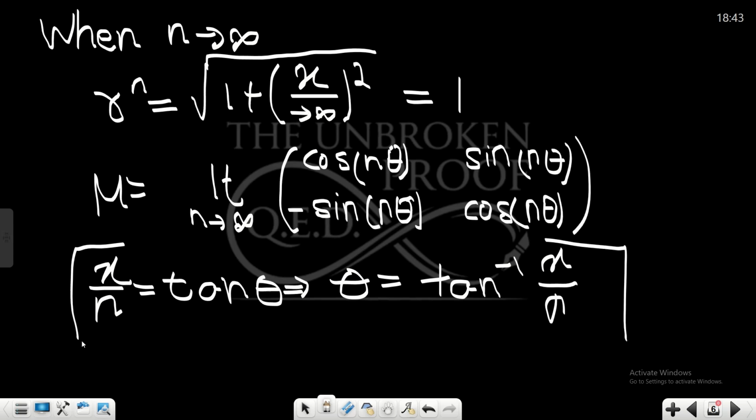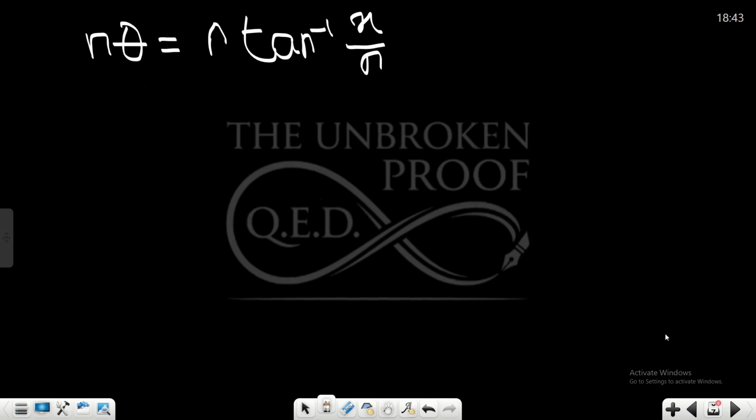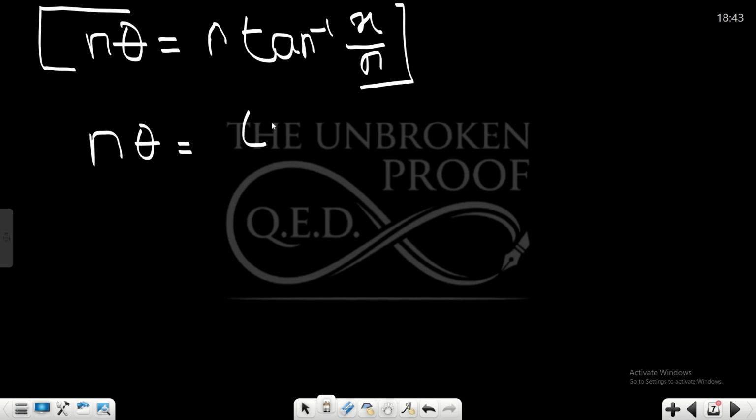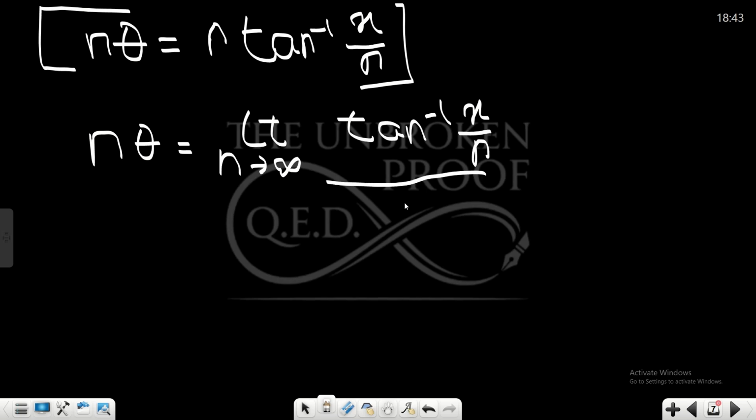Now if I take n tending to infinity, this is just a small manipulation. Your n theta is going to be the limit of n tending to infinity of tan inverse x by n over 1 by n, and to satisfy the standard limits we are going to multiply and divide by x.